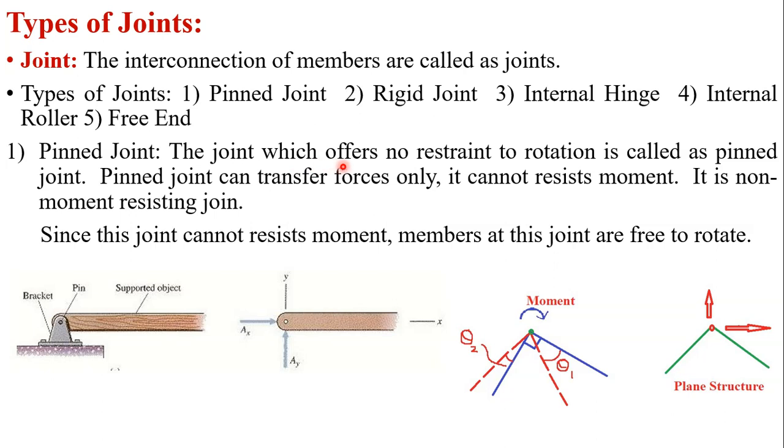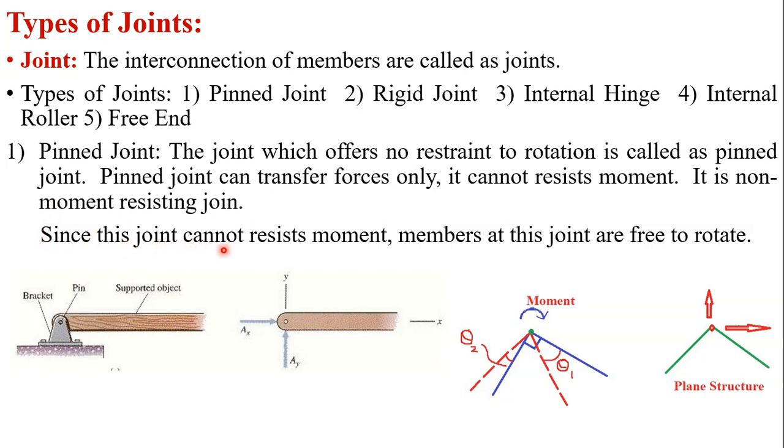The joint which offers no restraint, means no resistance to rotation, is called a pinned joint. Pinned joint can transfer forces only. It cannot resist movement, and hence it is called a non-moment resisting joint.